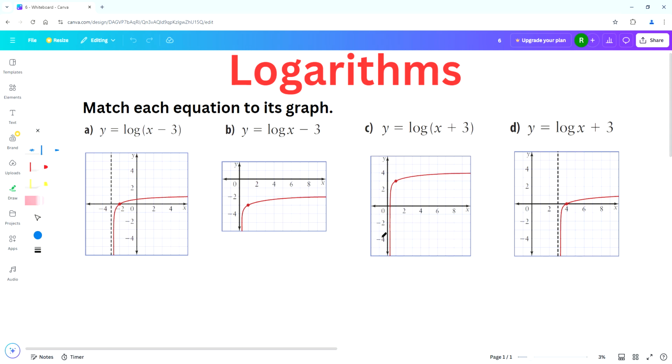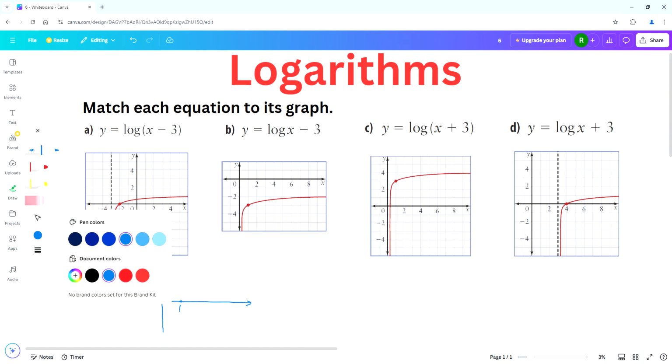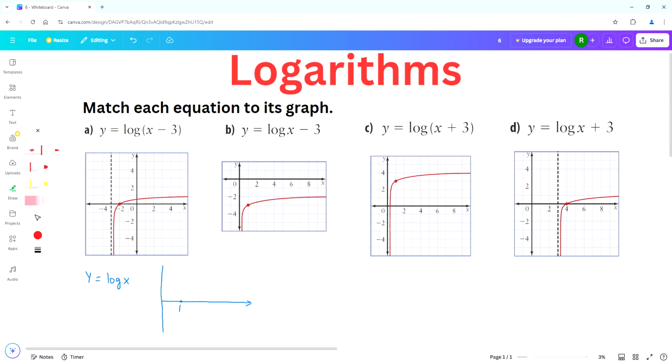The first step is to understand the graph of the parent logarithm function. The equation of the parent logarithm function is y equals log x. The graph of log x is a curve that has an x-intercept at 1. There is a vertical asymptote at x equals 0, or the y-axis.